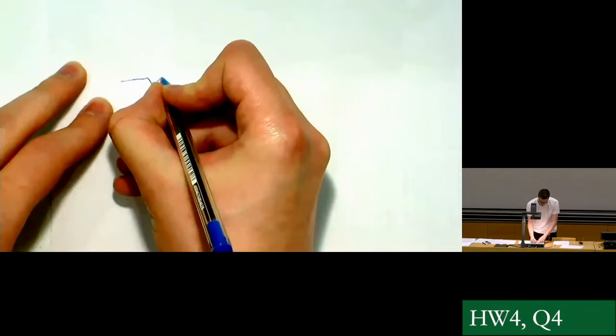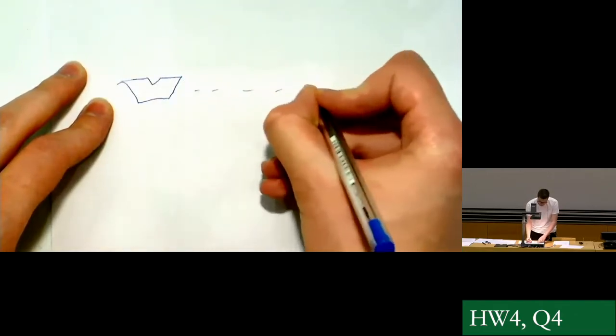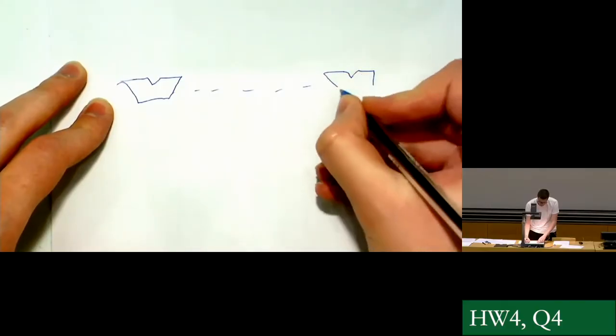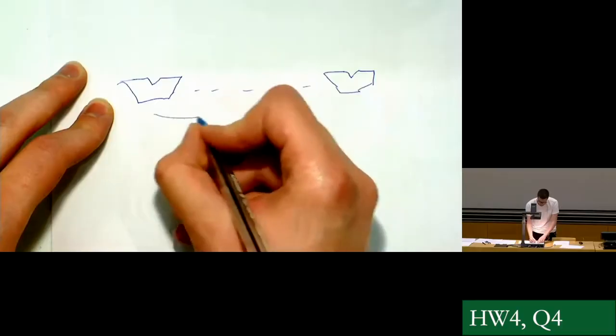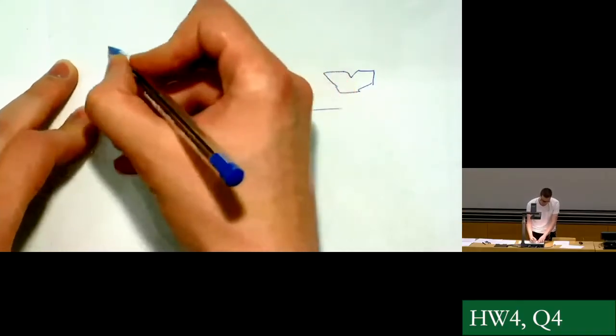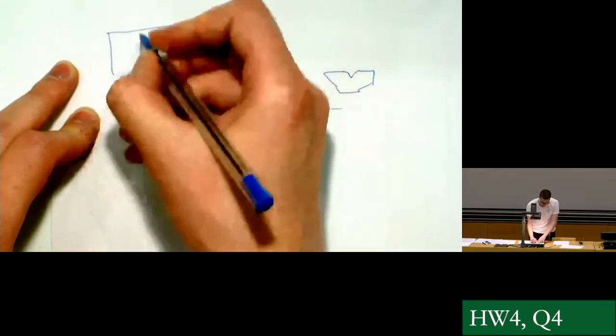So you have some functional units here. I can't draw very well, but you have 8 functional units in total, and each functional unit will have its own reservation station.